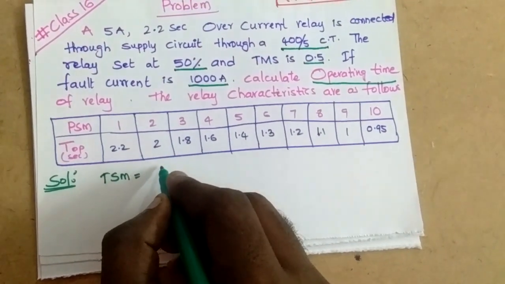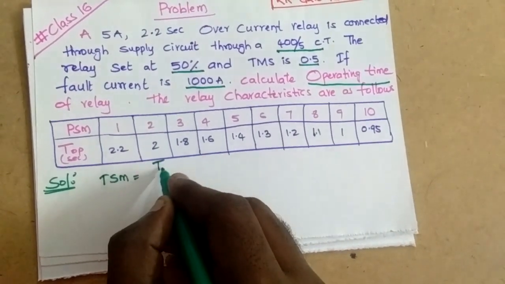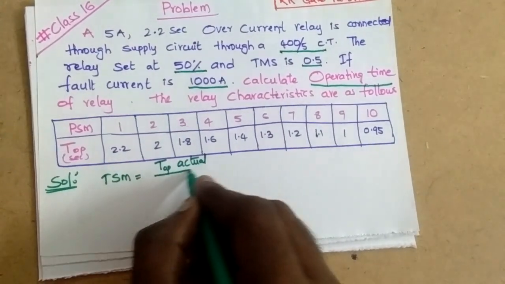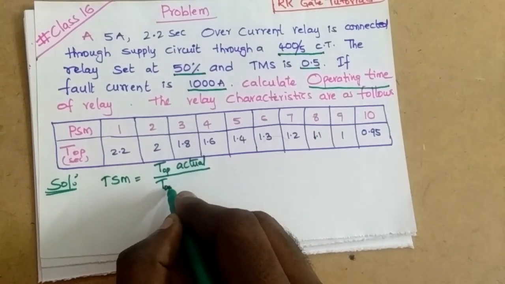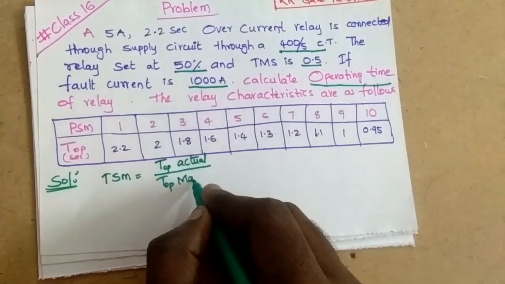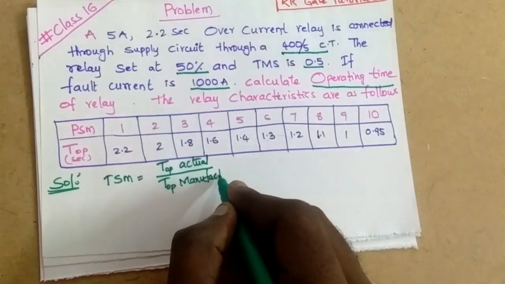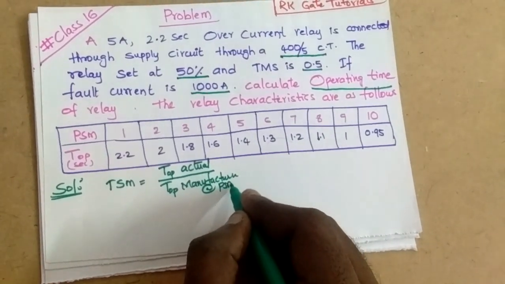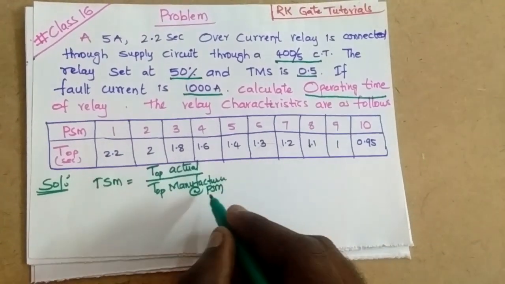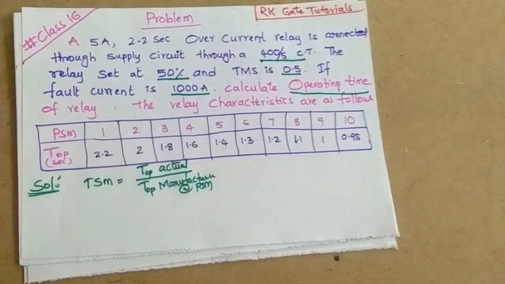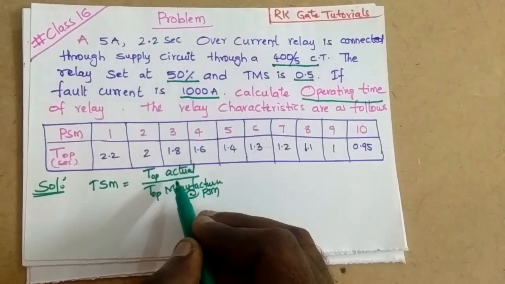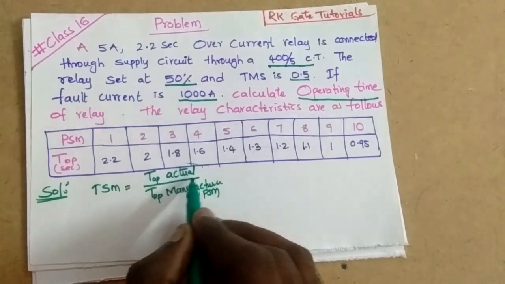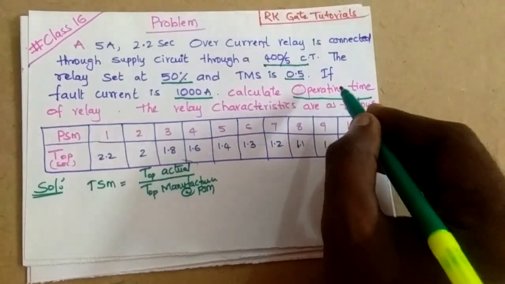TSM is nothing but the actual time of operation over time of operation specified by the manufacturer for a given plug setting multiplier. For different plug setting multipliers, the TSM value will be different, so that the actual time of operation gets different. So here he is asking to calculate the actual time of operation. This is operating time.